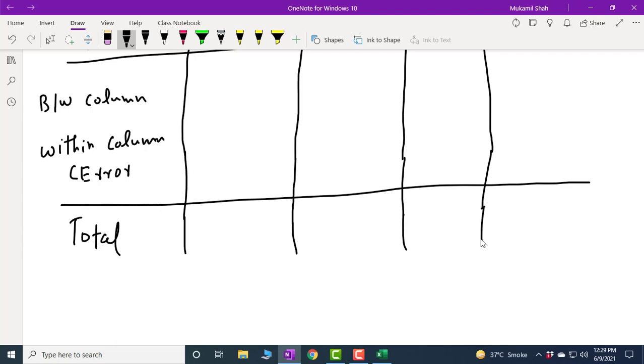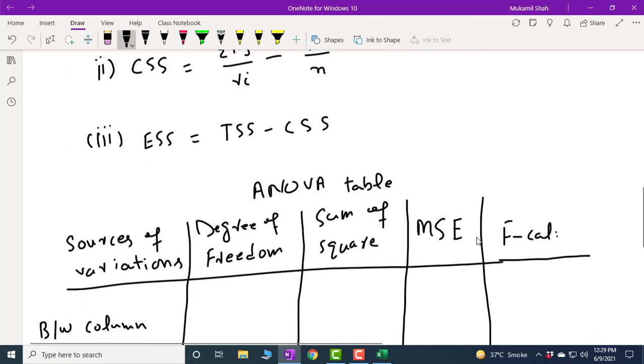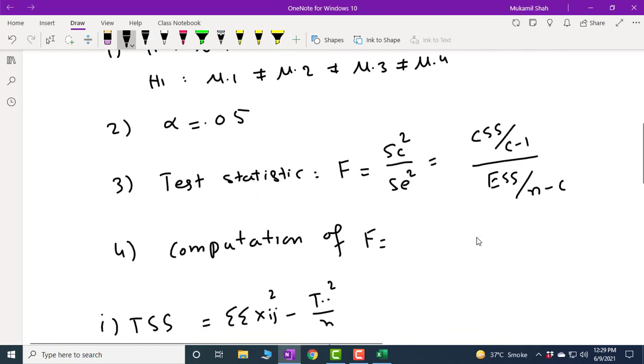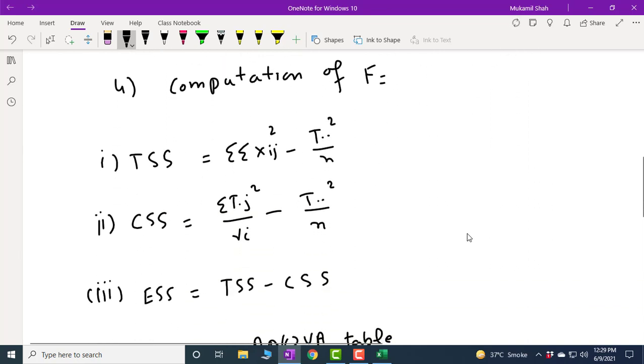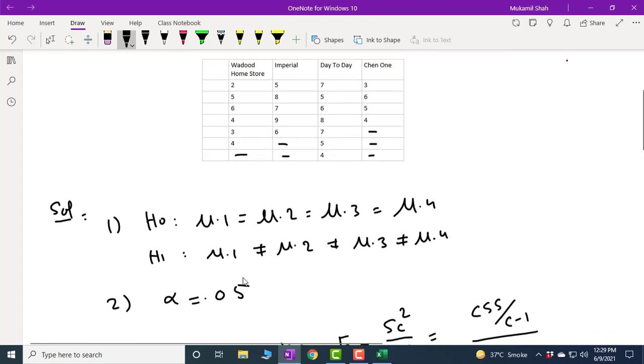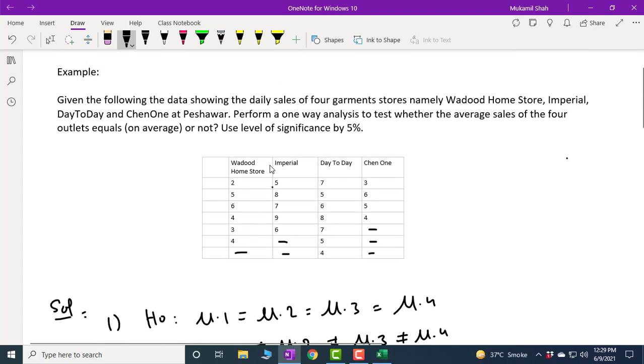Now you have to do some necessary computations. For example, you need to calculate total sum of square, column sum of square, and then error sum of square.